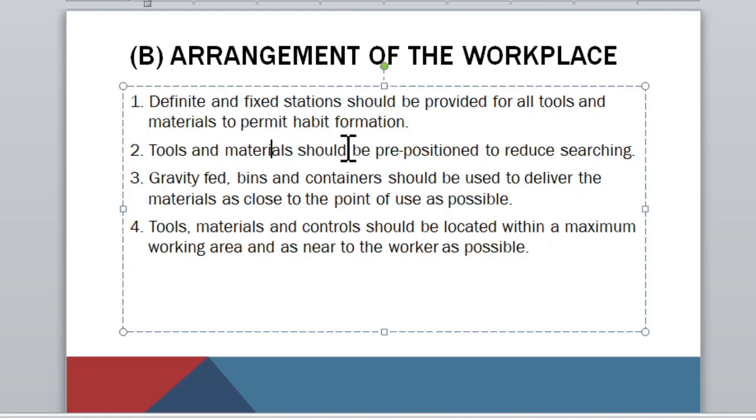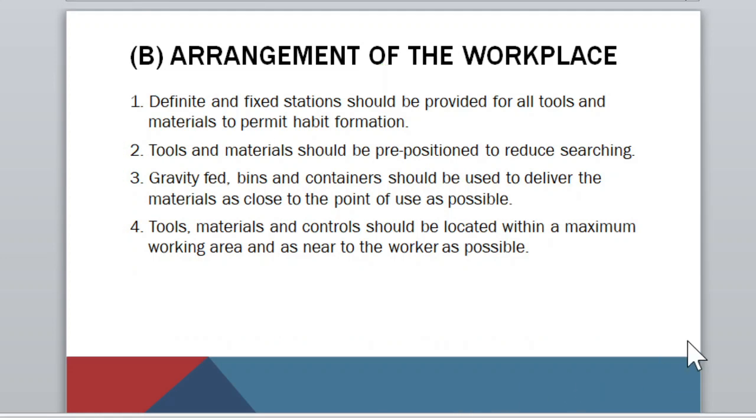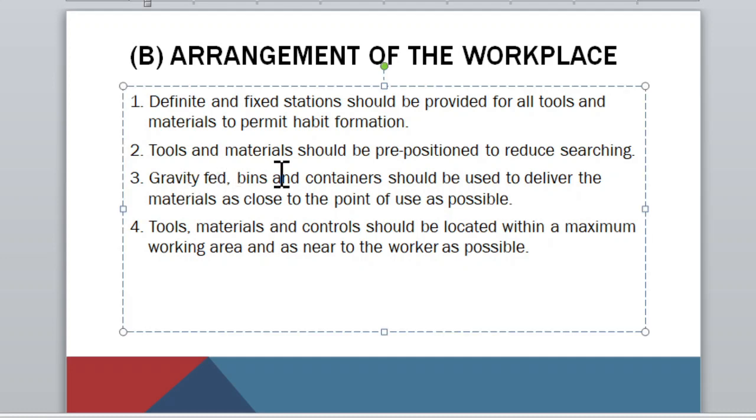Next is tools and materials should be prepositioned to reduce searching. So same thing. Tools and materials should be prepositioned. Those materials you see you do not need for that operation, keep them away. Those tools you need a lot, prepare them first and place them close so you can reach them easily. Next is gravity fed bins and containers should be used to deliver the materials as close to the point of use as possible.